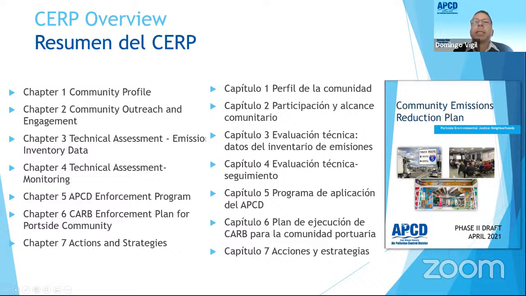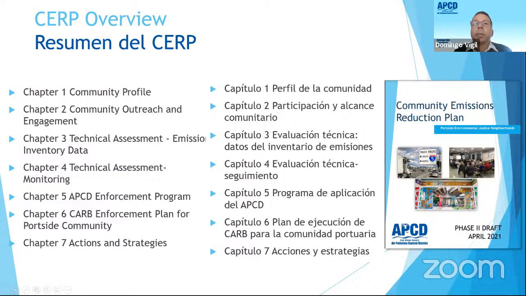Chapter 3 is a technical assessment based on emission inventory data, and it contains a detailed discussion of community-level emissions and their sources. Chapter 4 is a technical assessment based on monitoring data, and it provides data based on APCD's regional air monitoring stations.